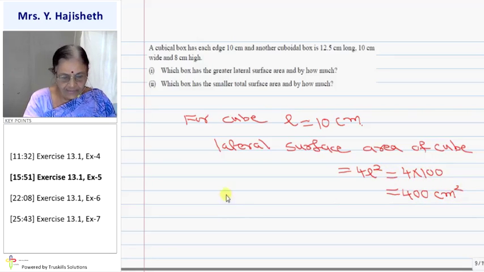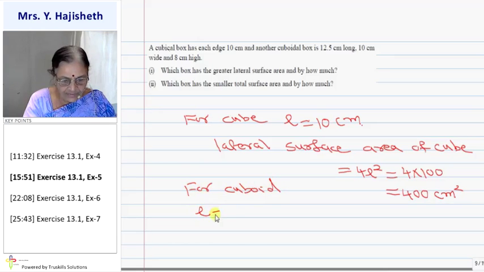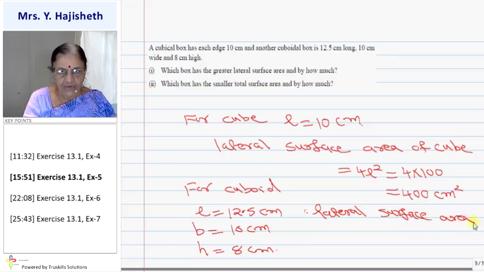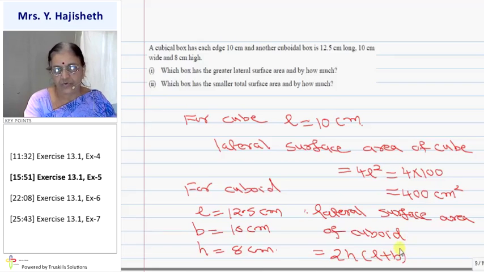And what is lateral surface area for cuboid? Measurements are L is 12.5 centimeter, B is 10 centimeter and H is 8 centimeter. So my lateral surface area of cuboid is 2 times H into L plus B. So you put the value.